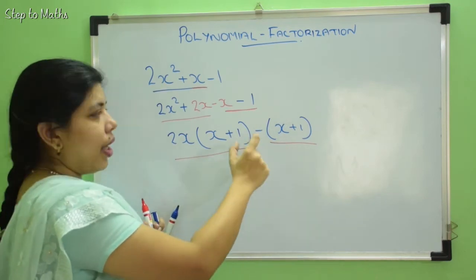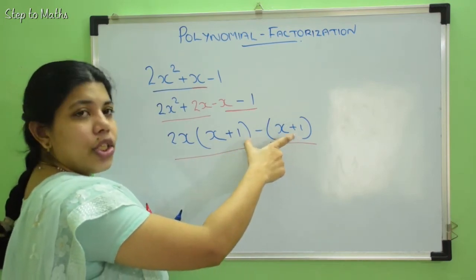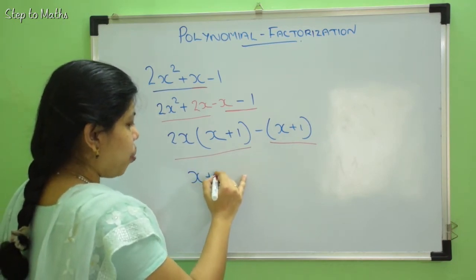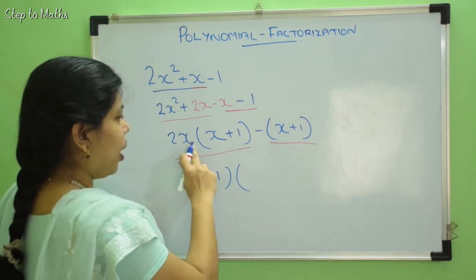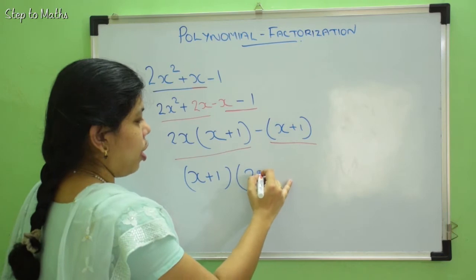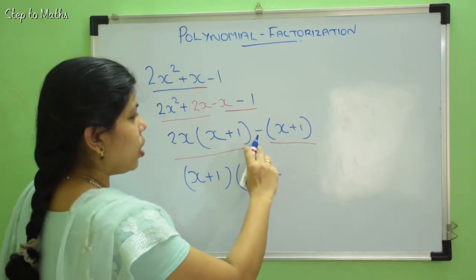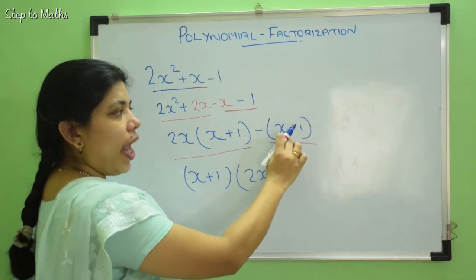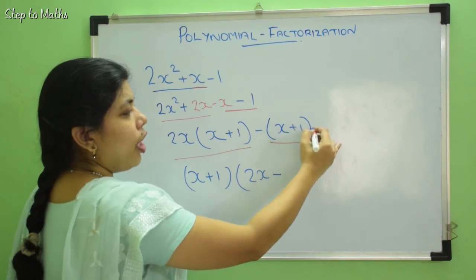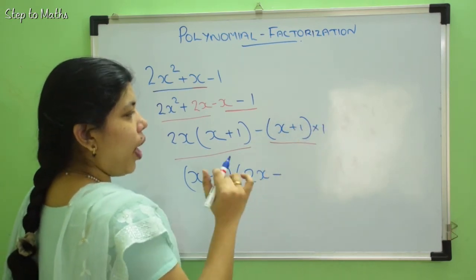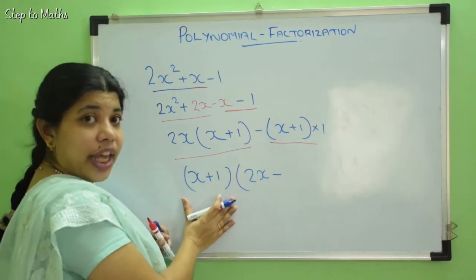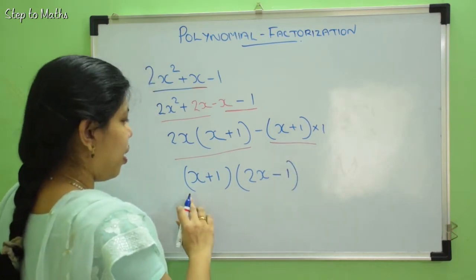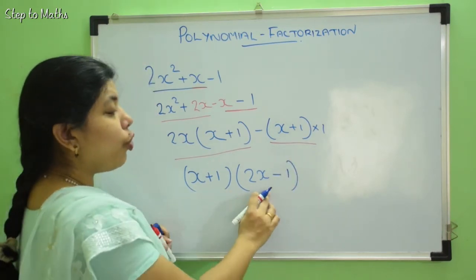Consider these two terms. Here x plus 1 is common. So we can write x plus 1 into (2x minus 1).